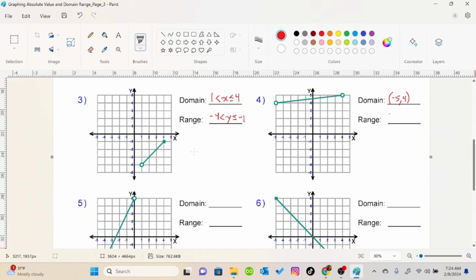My range, lowest value of y is 4, not included because there is an empty point. Highest value of y is 5. There's a hollow point, so it is not included.